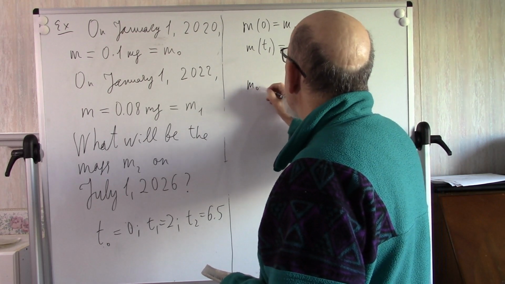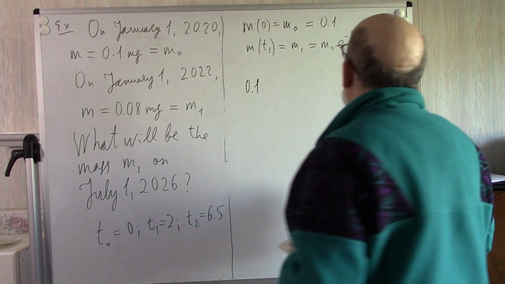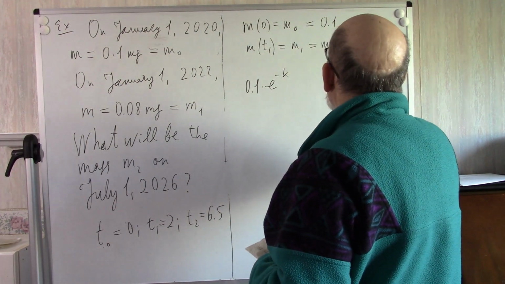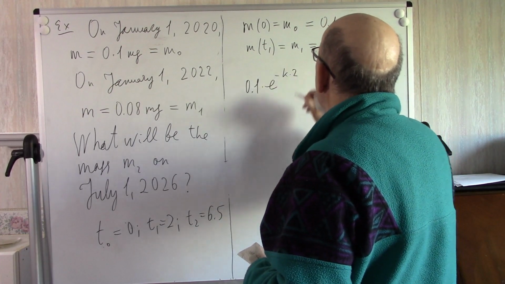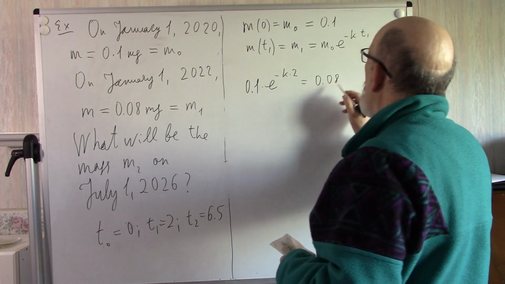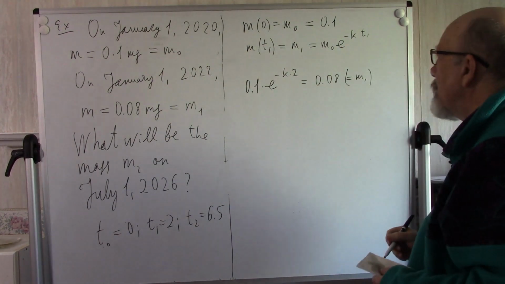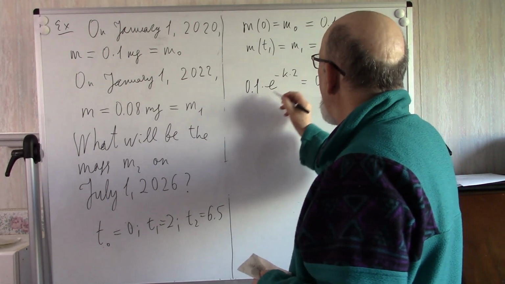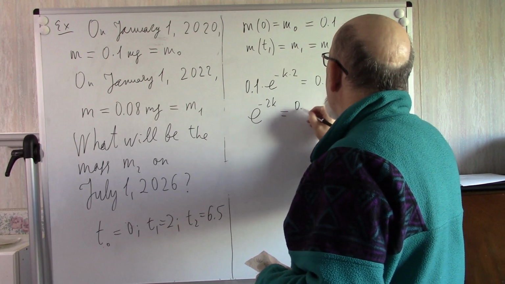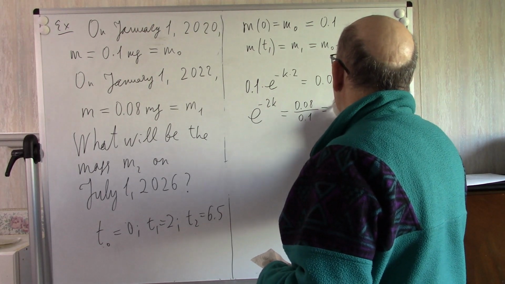M0 is 0.1 milligram. 0.1 times e to the minus K times 2 equals 0.08, which is M1. Now let us find the exponent. e to the minus 2K equals 0.08 divided by 0.1 equals 0.8.